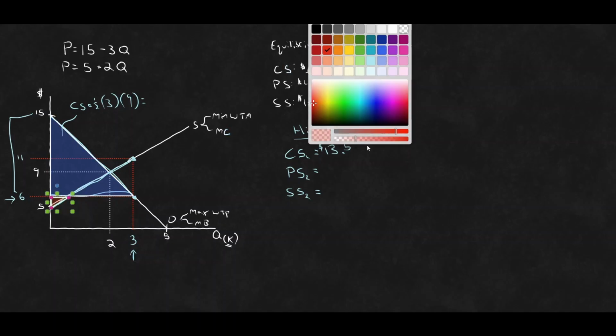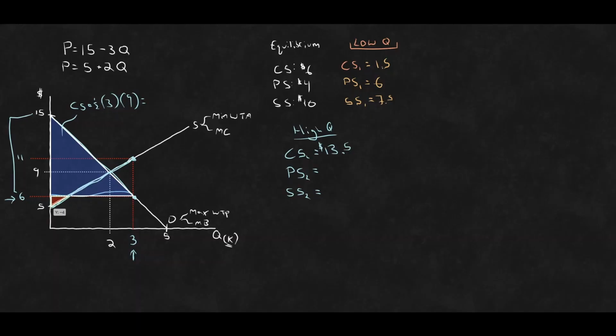But then we have this whole area, which, if we want to look at it, is sort of a negative producer surplus, such that they have their willingness to accept, but the price that they are accepting.